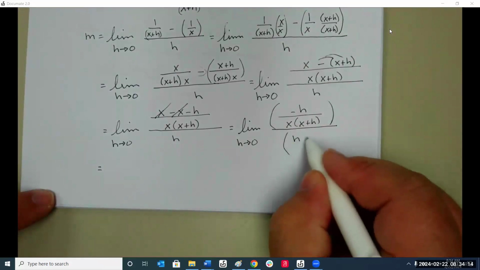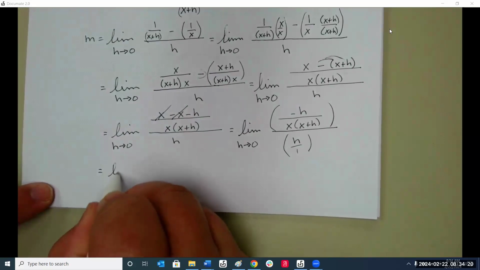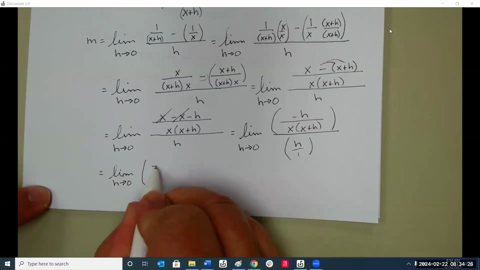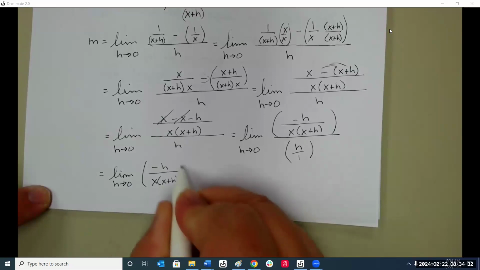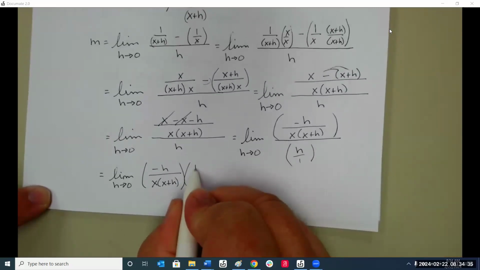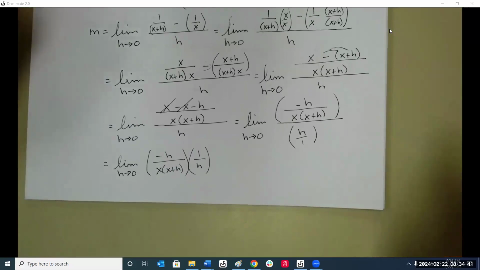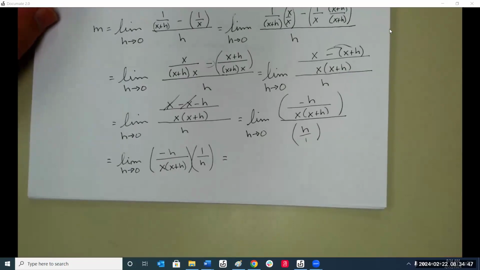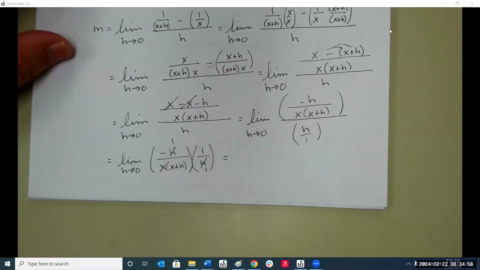So we have a fraction over a fraction. Bottom is h over 1. So we take the top fraction, leave it alone, and flip the bottom fraction and multiply it. The rule of multiplying fractions is reduce first. Can anything cancel? The h's. So this h goes in h once.